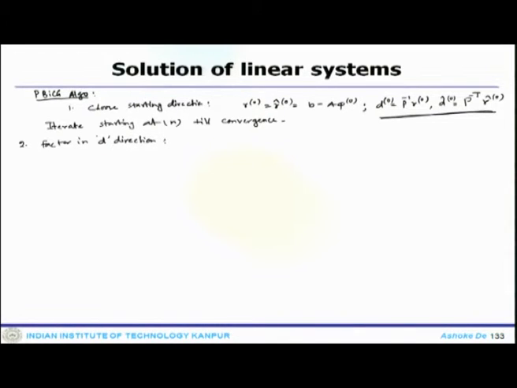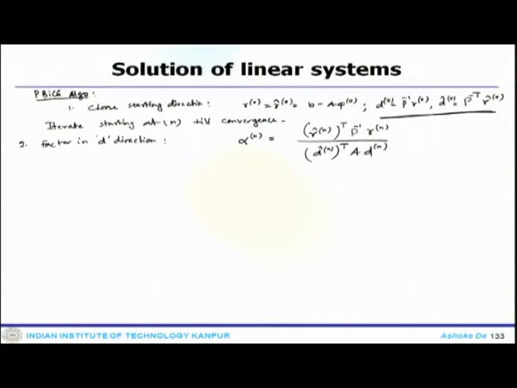So, how do you find that? It would be alpha n equals r n transpose P inverse r n, then d hat n transpose A d n. So, that is how you get it.